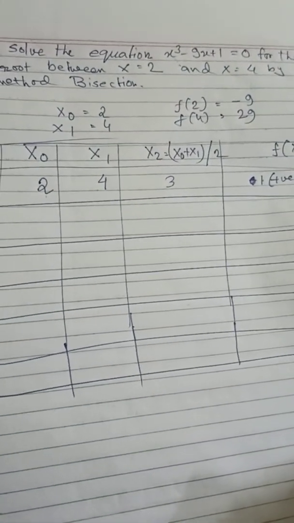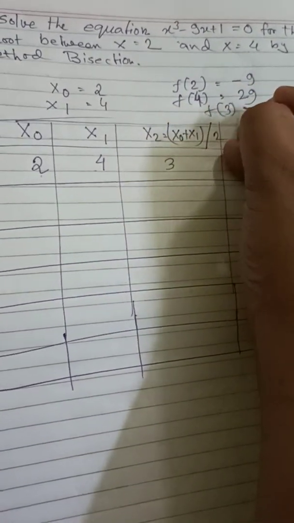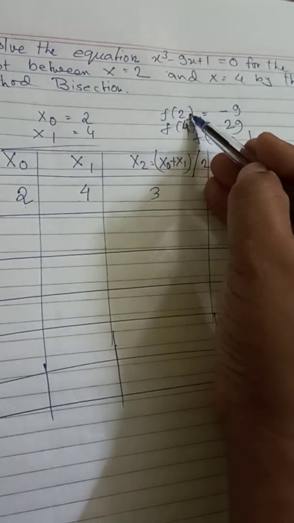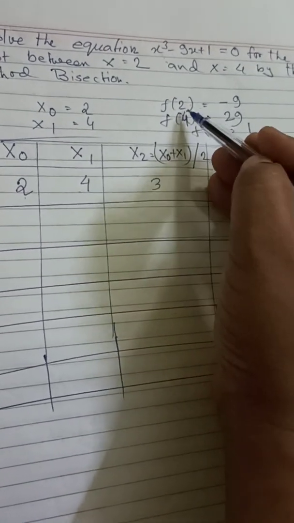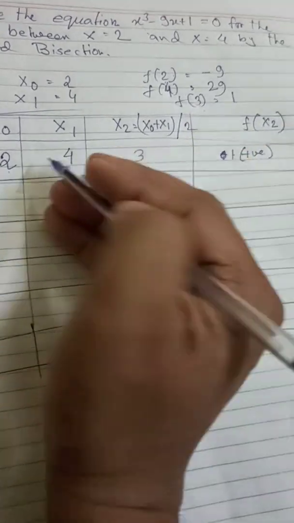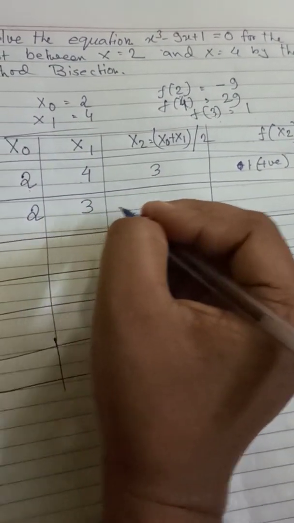Now we find f of 3, which is 1, so this is also positive. Therefore the root lies between 2 and 3, because f of 2 is minus 9 and f of 3 is plus 1. So here will be 2 and here 3.